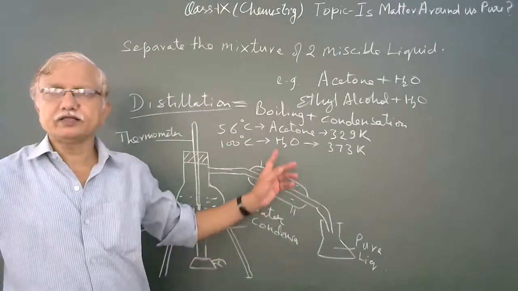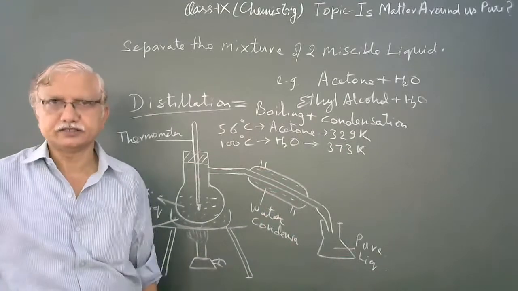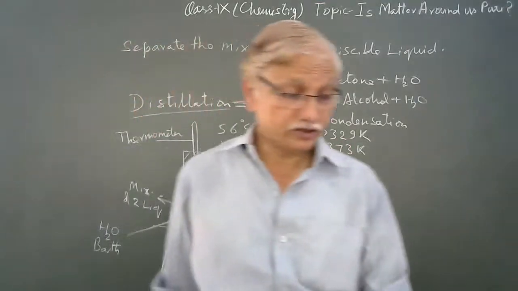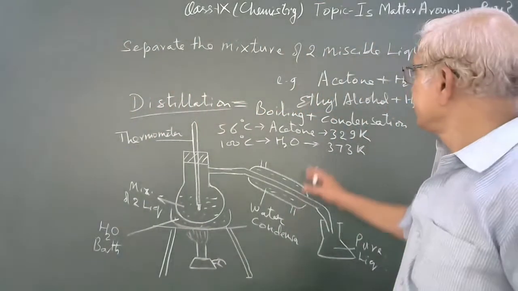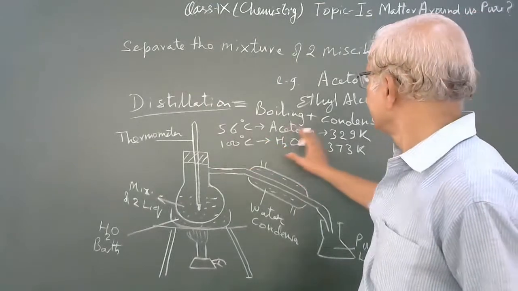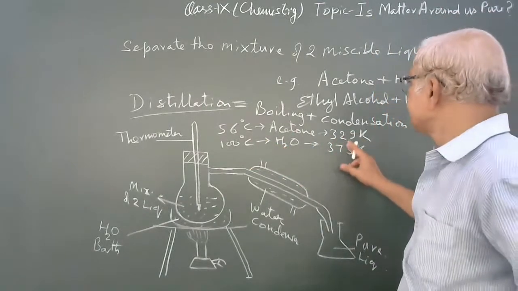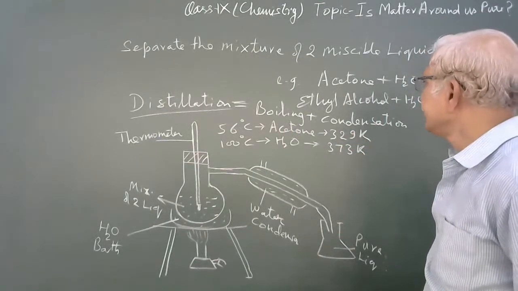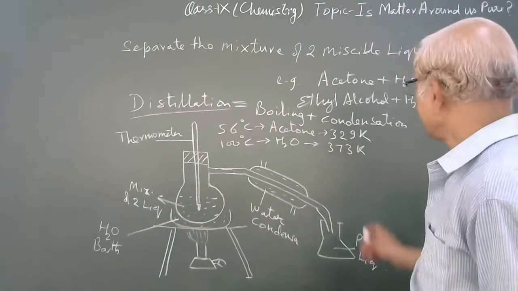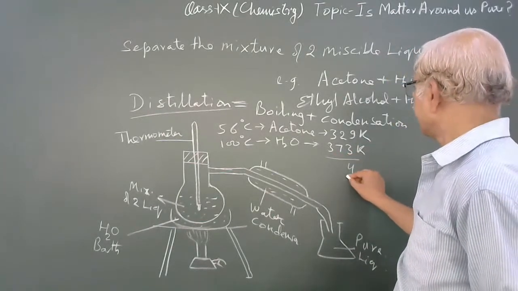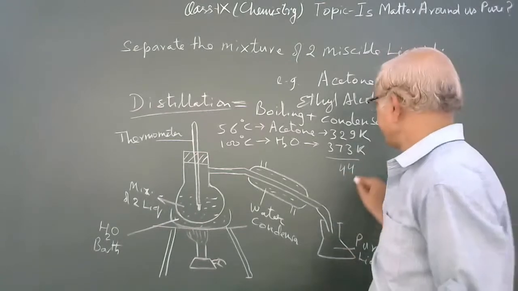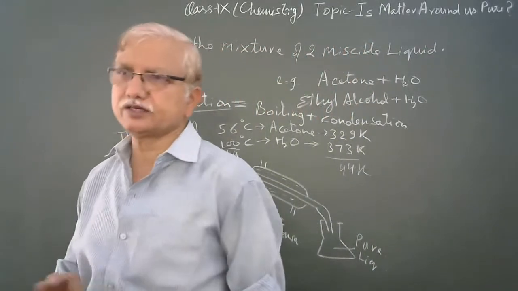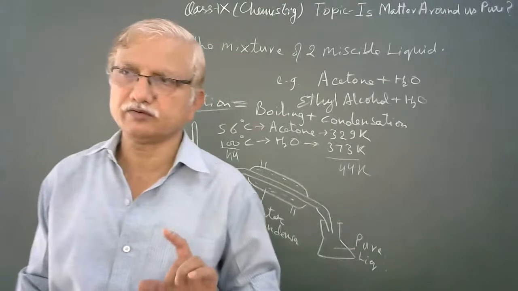If you want to convert degrees Celsius into Kelvin, you just add 273. Correct? Now look, what is the difference between these two temperatures? 373 and 329. How much difference? A difference of 44 Kelvin. The difference is the same in Kelvin and in degrees Celsius because we are only adding one figure, 273.